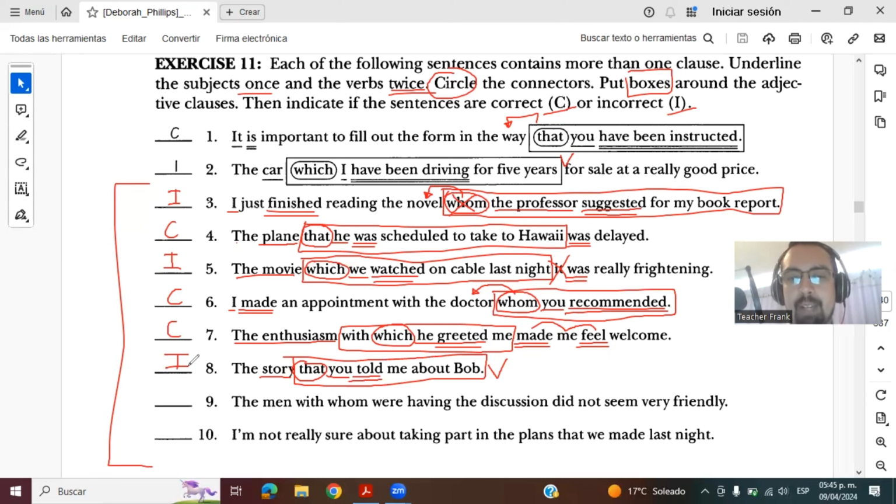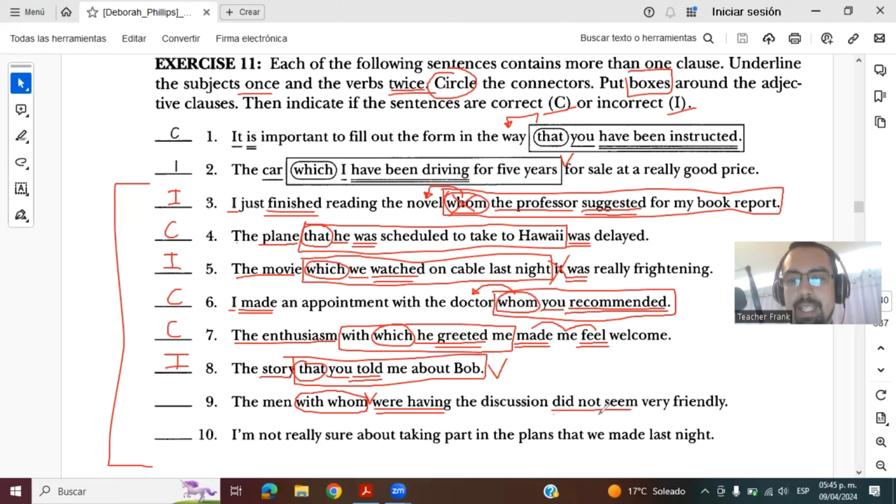Okay. And number 9, the men with whom we're having the discussion did not seem very friendly. So we're having, who or what was having? Oh, see, here we already have our first mistake. So with whom, or whom, we could say this is my connector. Did not seem very friendly.